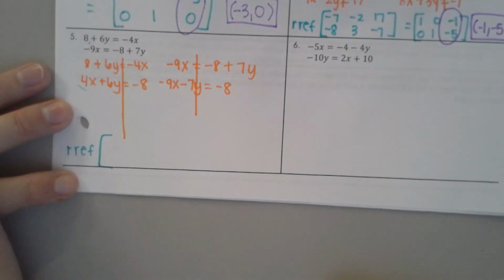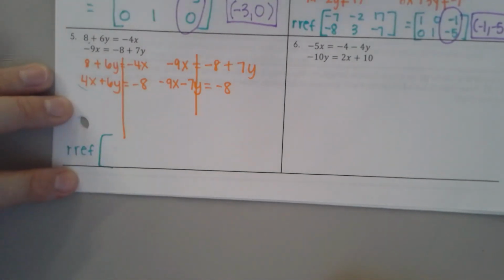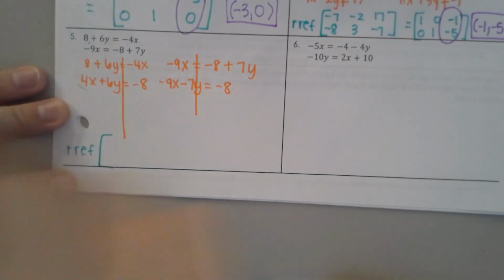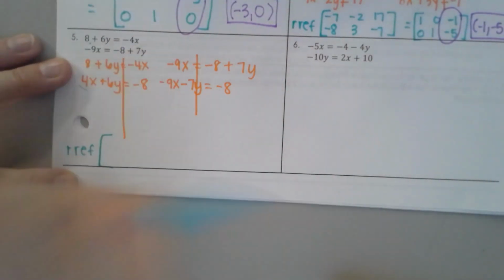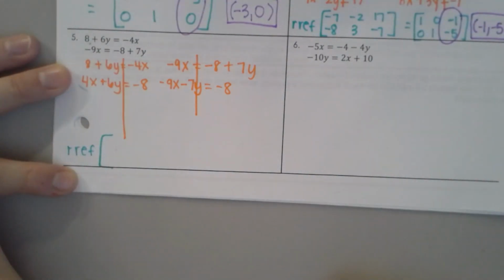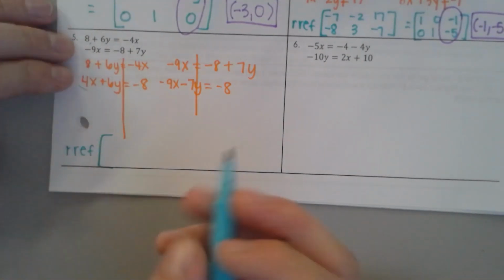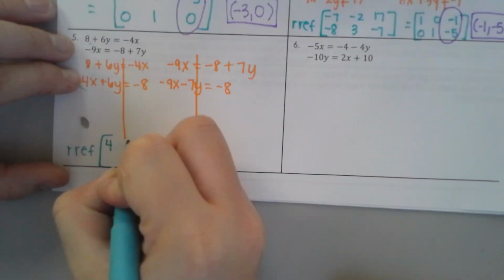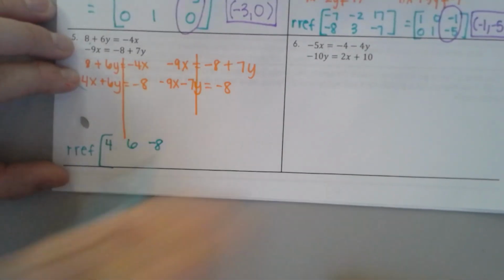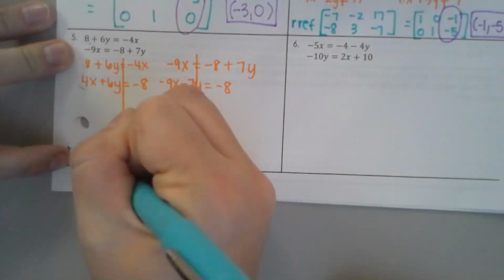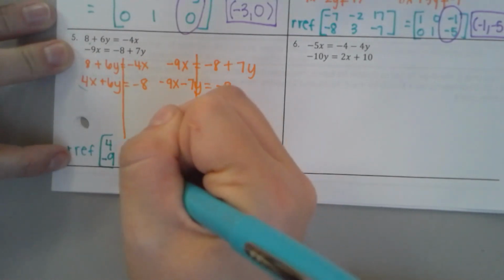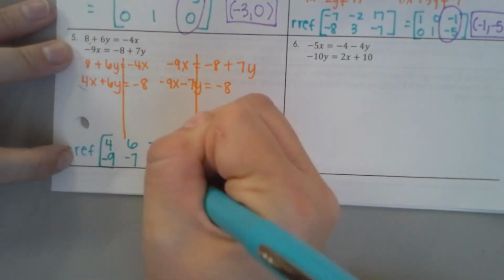If it comes to the front, it changes sign because it went across the equal sign. Like, switch the 4 and the 8 and switch signs right there? Yeah, that's exactly what we did. So this is 4, 6, negative 8, negative 9, negative 7, negative 8.